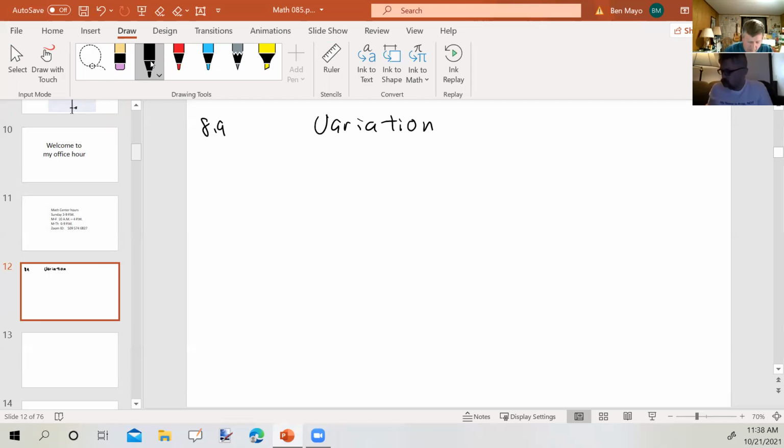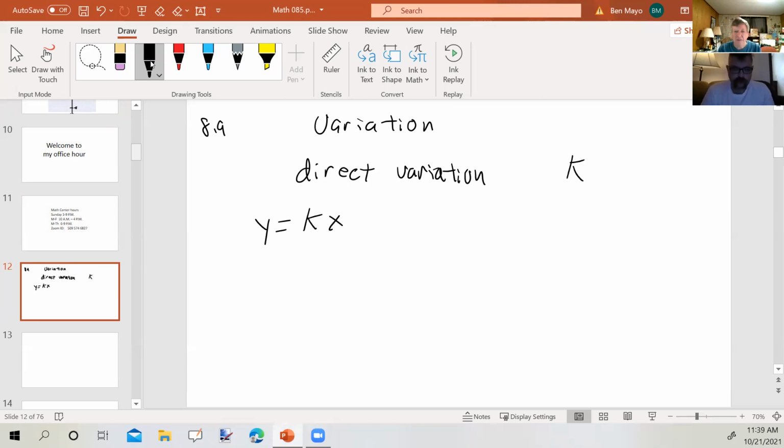The first variation we're going to look at is called direct variation. Now, a general form of that formula is y equals kx. K is known as the variation constant. It's also referred to as the constant of variation or the constant of proportionality.